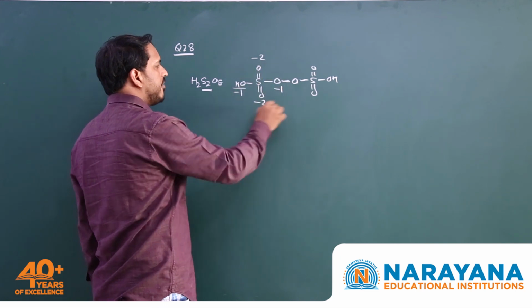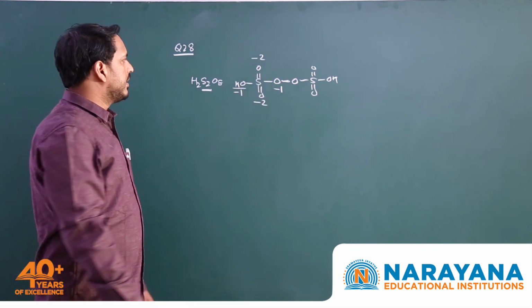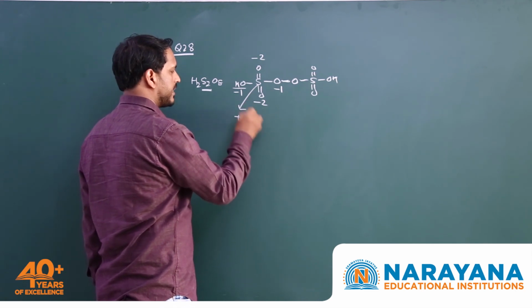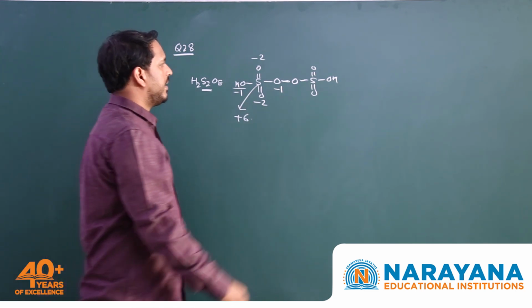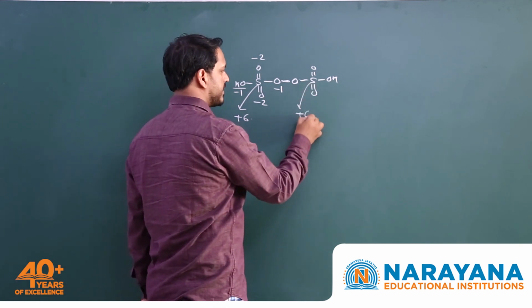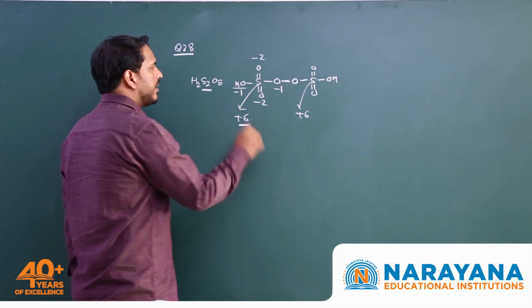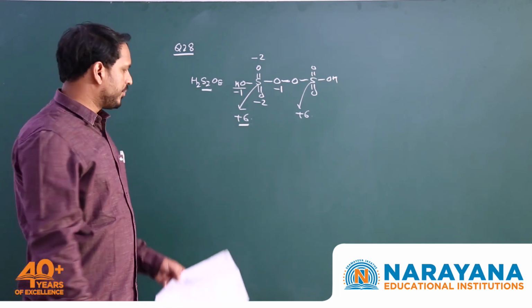Hence, around sulfur, what is the charge? It is -6. Hence, this sulfur should be +6. Similarly, here also it is +6. So, the average oxidation state of sulfur in the compound will be +6.